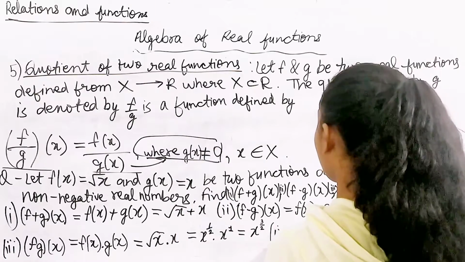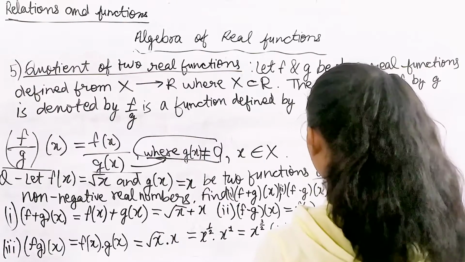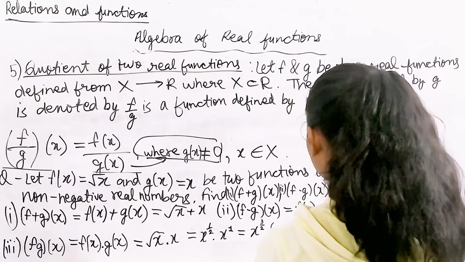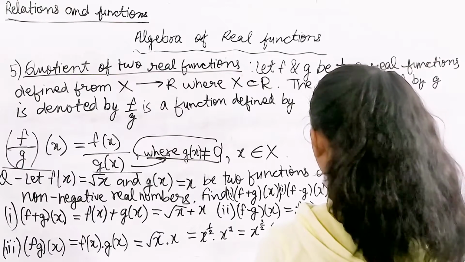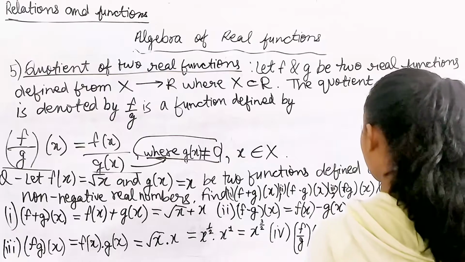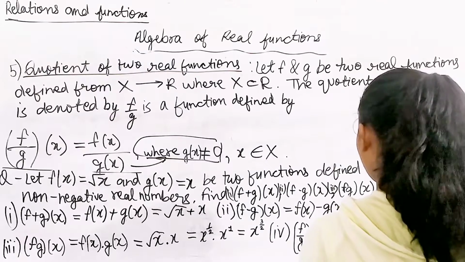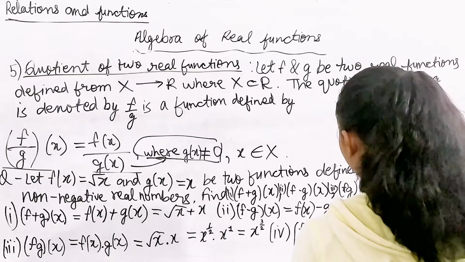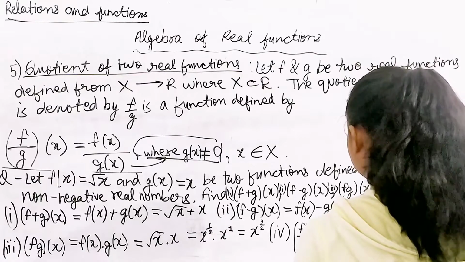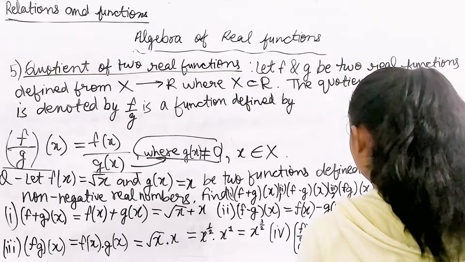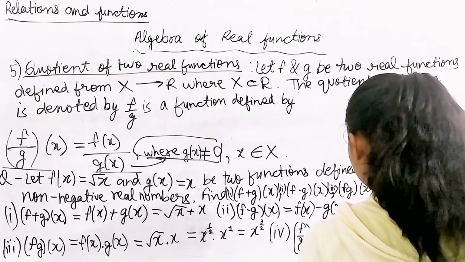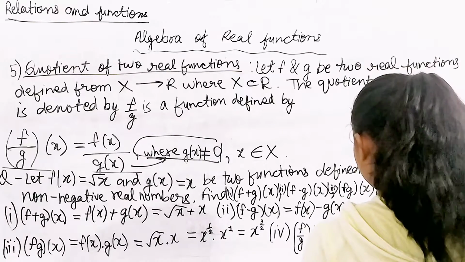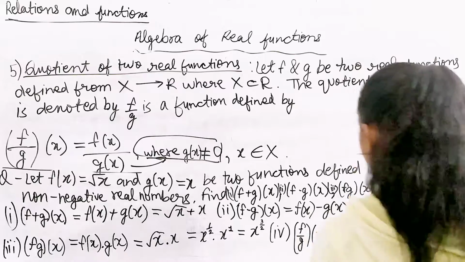Now the fourth part we have is f upon g of x. So f(x) upon g(x), where g(x) is not equal to 0.